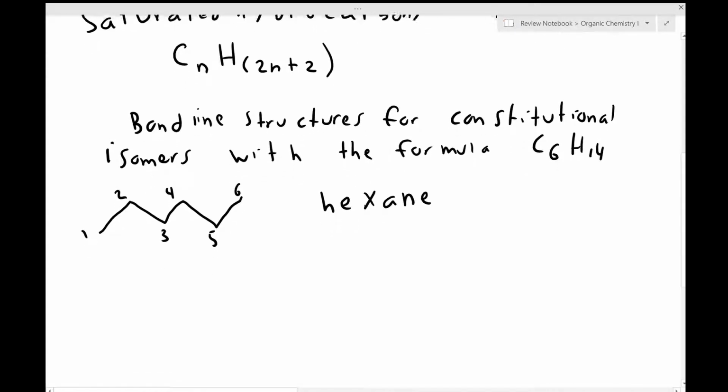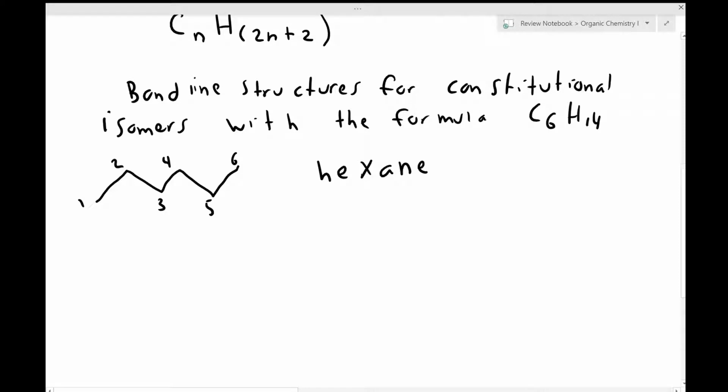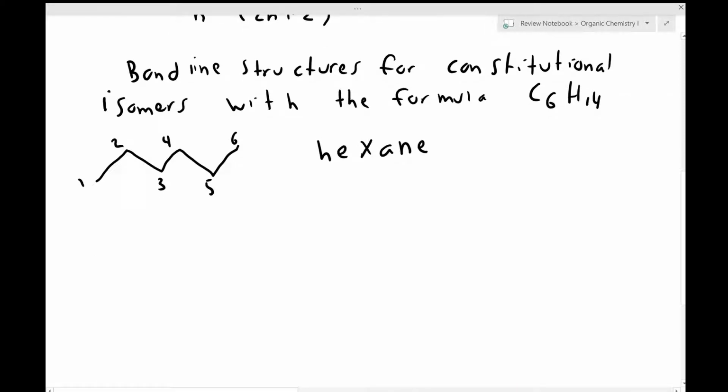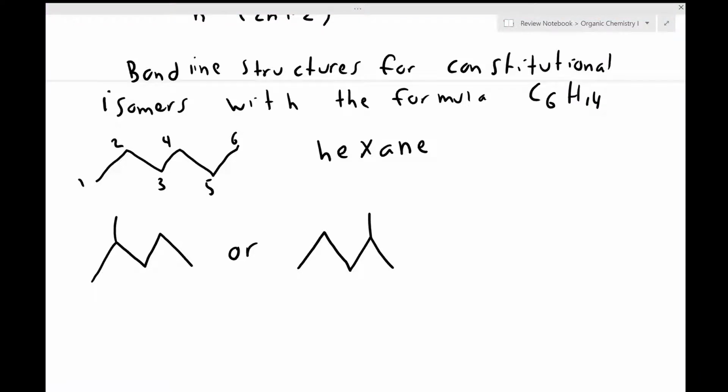Hex for 6, and ane is an alkane. So then let's shorten that chain. We'll go 1, 2, 3, 4, 5, and have it like this. Just numbering this chain, we go 1, 2, 3, 4, 5, and the other side you go where you get that branch.